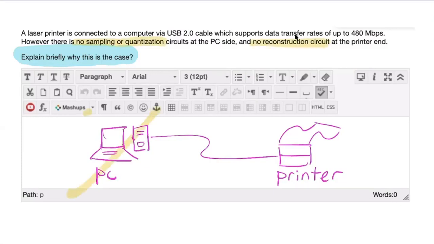So there's no sampling here and there's no reconstruction here. Now the question gives you some information. It says, look, we're using USB 2 and the data rate is 480 megabit per second. Now you really need to be careful in questions like this. You need to look out for unnecessary information.